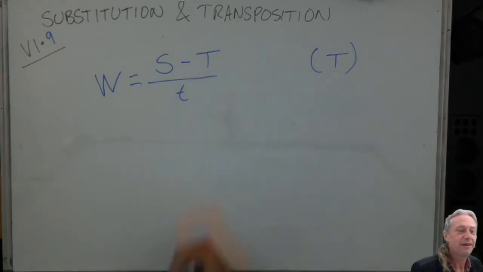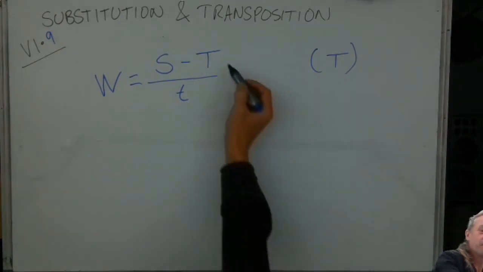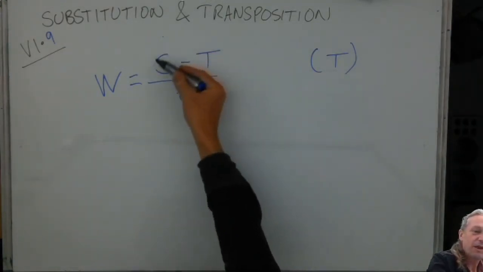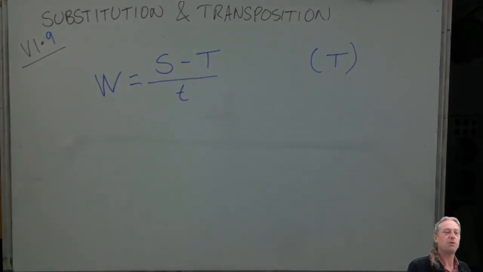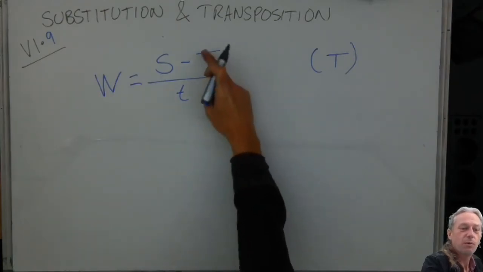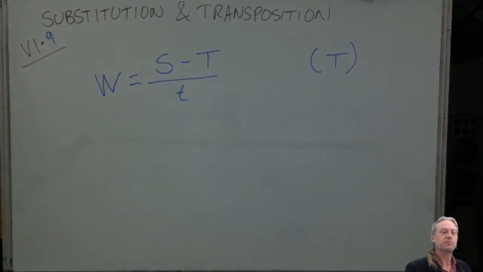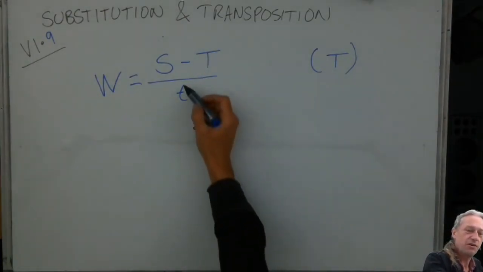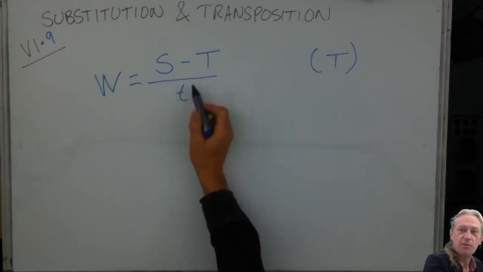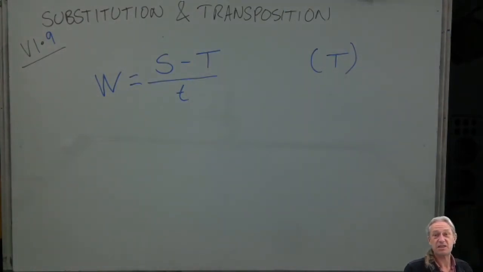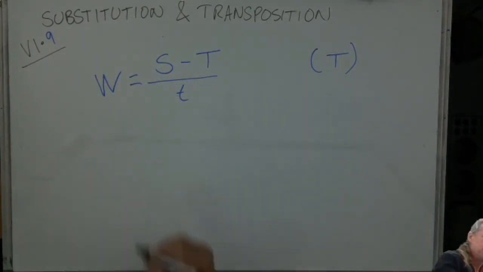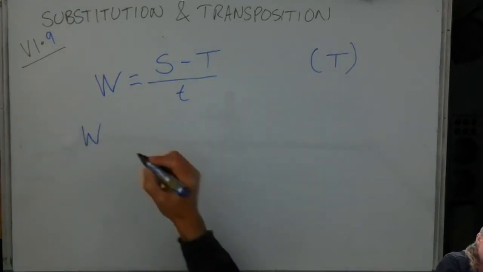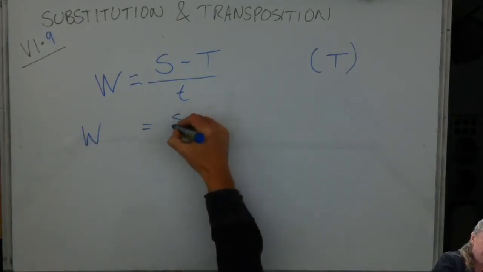Okay, so we've got this whole thing being divided by little t. What we want is to end up with capital T on its own. So the first thing I'm going to do is get rid of this little t at the bottom of the fraction because it's making a mess of stuff. So W, I'm just going to rewrite out the whole thing.